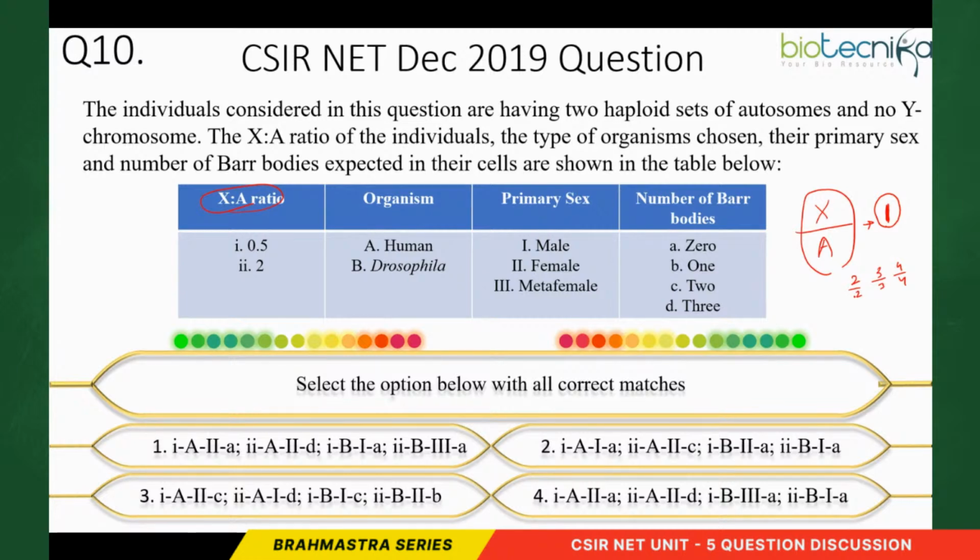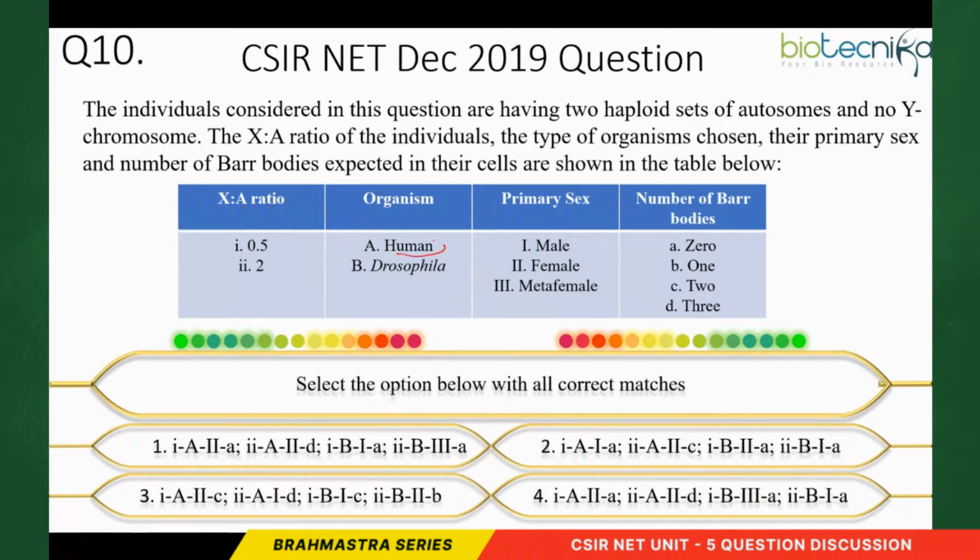Whatever the ratio, if it is 1, it would give rise to female. If it is more than 1, like 1.3 or 1.5, then it would form meta female. And if it is 0.5, then it will form male. So if you have 2 autosome sets and 1 X chromosome, then the ratio would be 0.5, which would give rise to male, right?